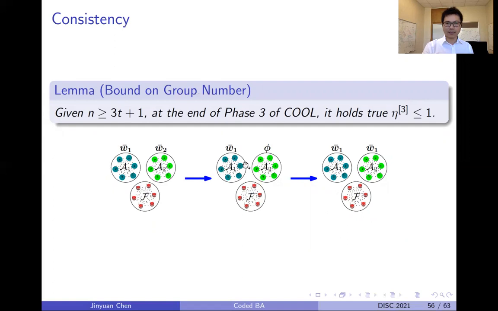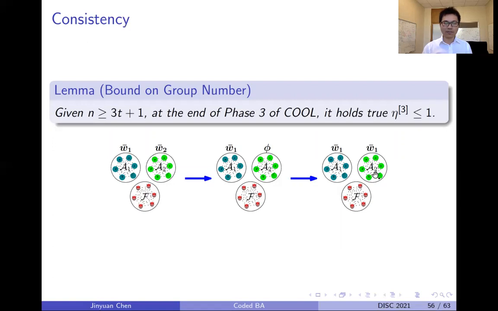This lemma says that at the end of phase 3, at most one group of honest processors update the message as non-empty, the rest as empty. In this way, in phase 4, we can calibrate the message of the remaining honest processors.